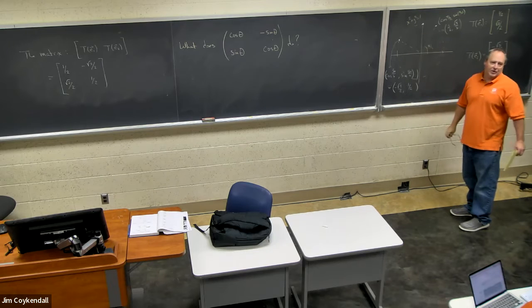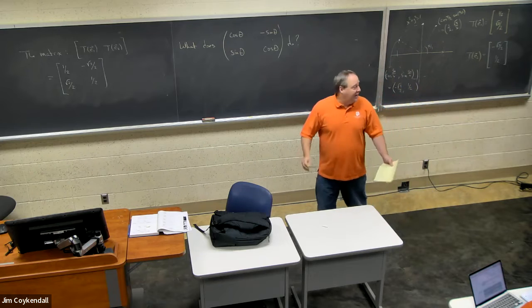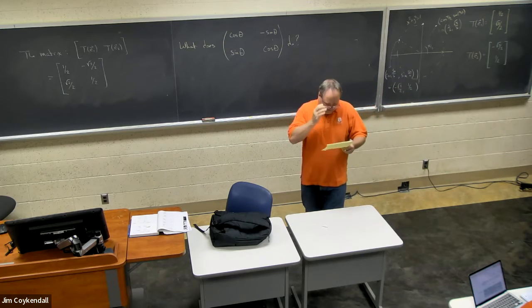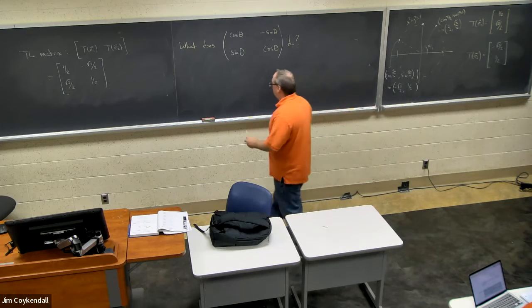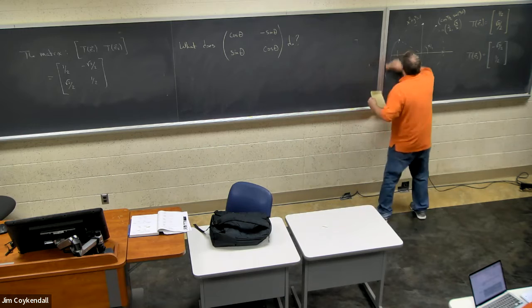It always works. All you need to determine the matrix that works for everything is what happens to those first two vectors. And in fact, we'll see it doesn't even have to be these two particular vectors later. Okay.